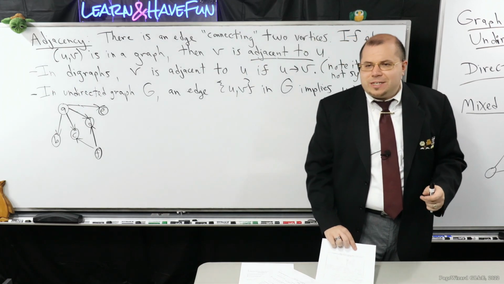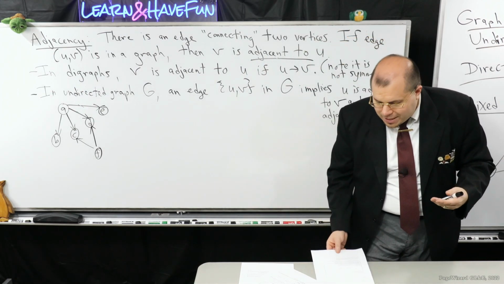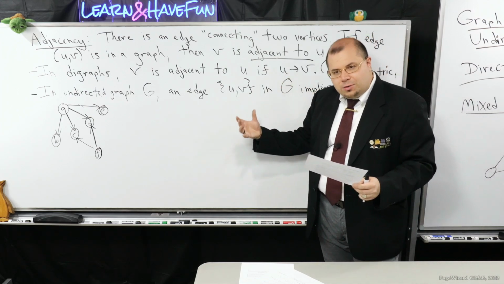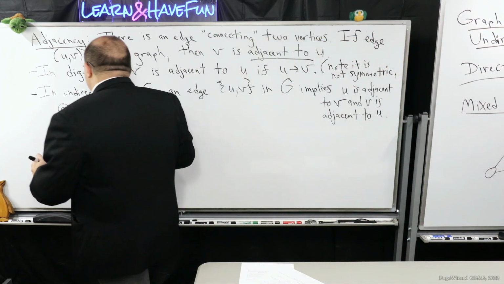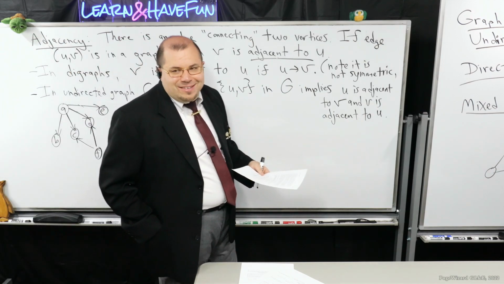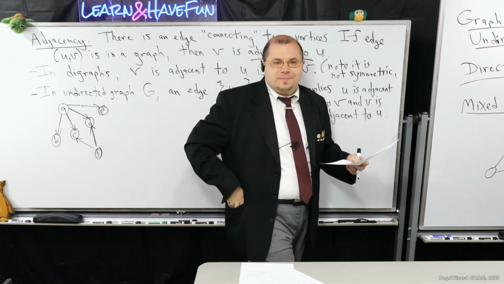So that's the notion of adjacency. I think it's pretty cute. So I'll have another example in my notes. So that's the first notion of talking about edges and vertices and them being connected.